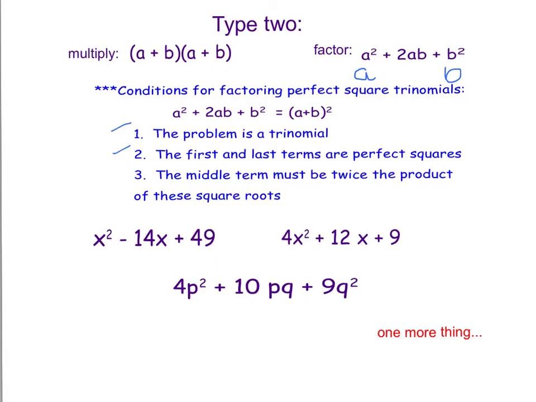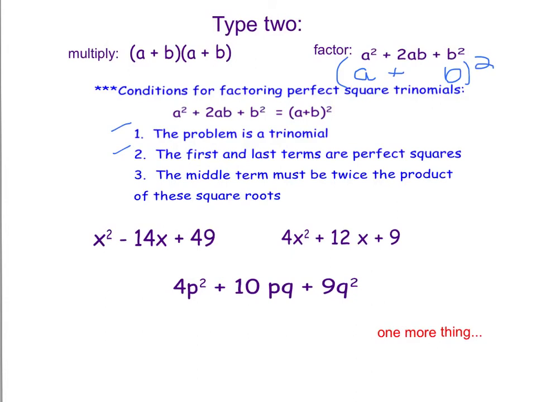And then is the middle term twice the product of these square roots? So here we take these square roots, a and b, multiply them together, that's ab, and is this one twice that? It is because of the 2. So we can factor it to look like this.